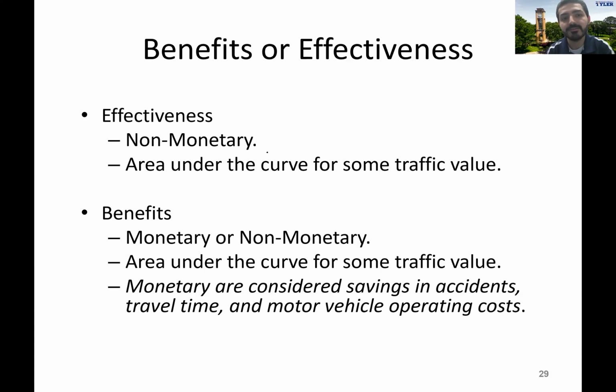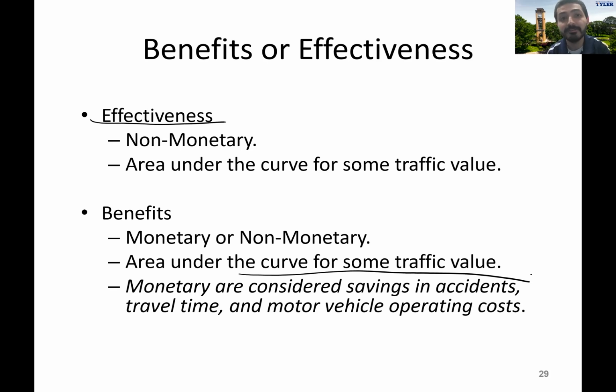Here again, just what I was trying to say. Effectiveness is actually non-monetary, and that's why it's hard sometimes to grasp. But it's really the area under the curve for some traffic values. The benefits can be monetary or non-monetary depending on how you look at it. But also again, it's the area under the curve for some traffic values. Monetary benefits are considered savings in accidents or travel time or motor vehicle operating cost.